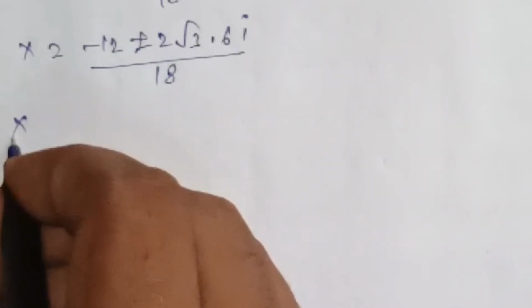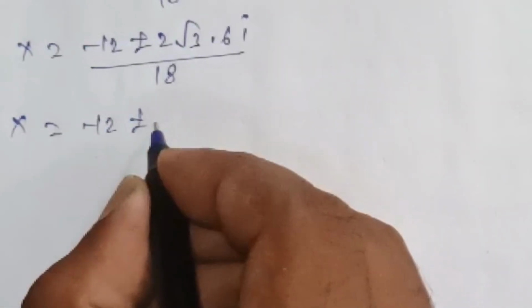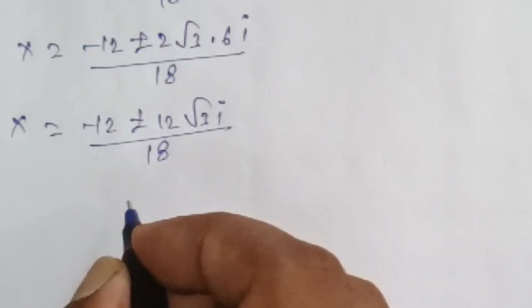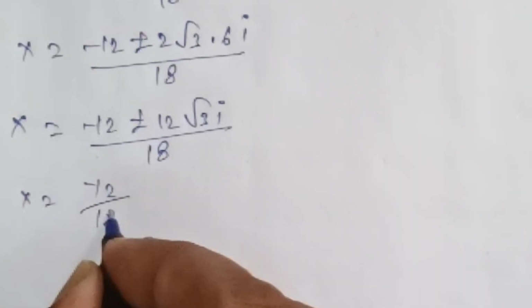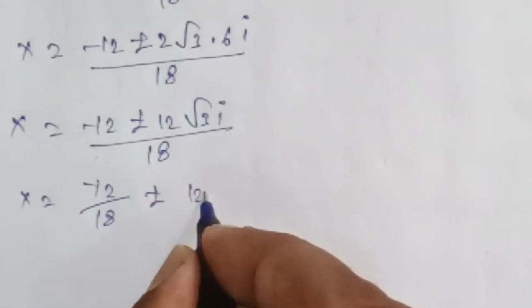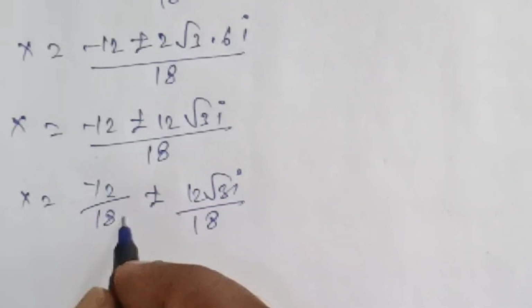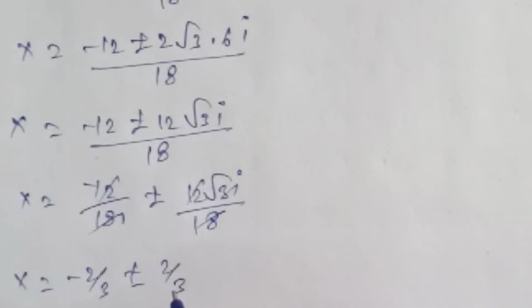Here x is equal to minus 12 plus minus 12 into root 3 i, divided by 18. Here x is equal to minus 12/18 plus minus 12 root 3 i/18. Here this cancels, this cancels. Therefore, x is equal to minus 2/3 plus minus 2/3 into root 3 i.